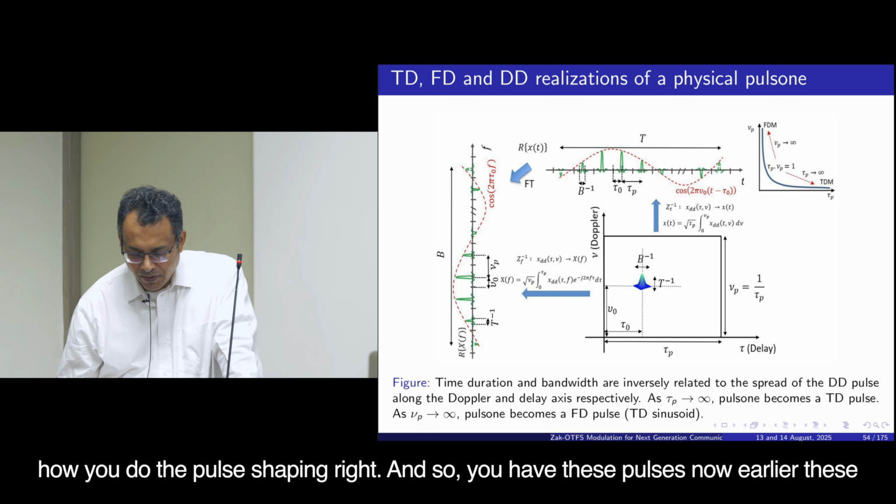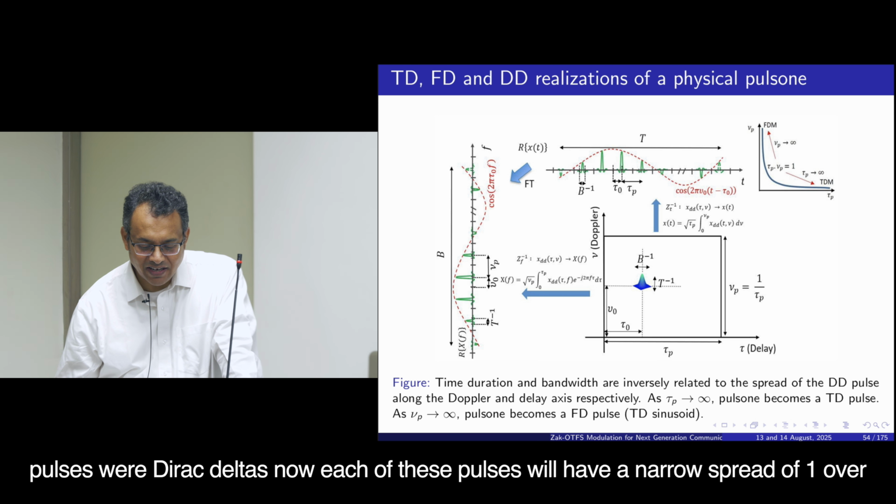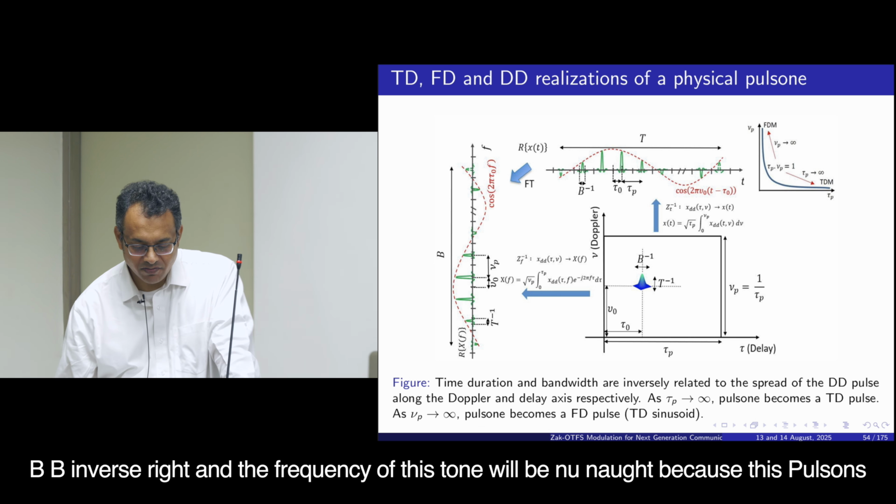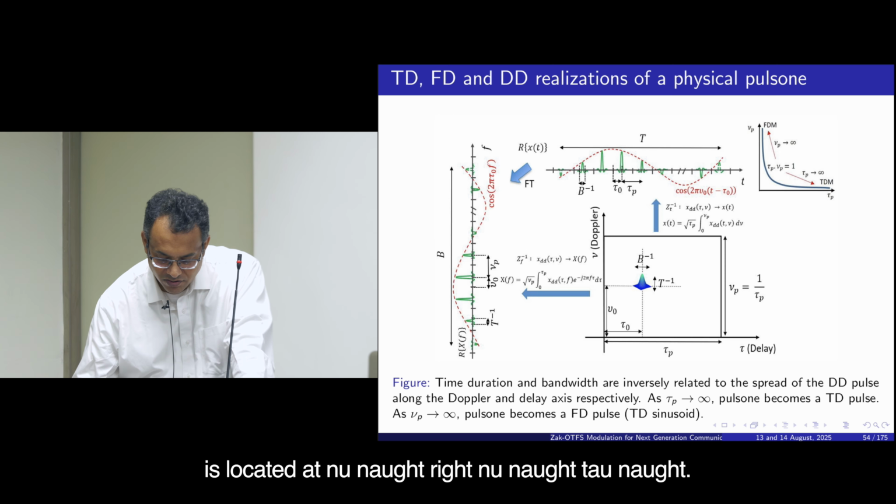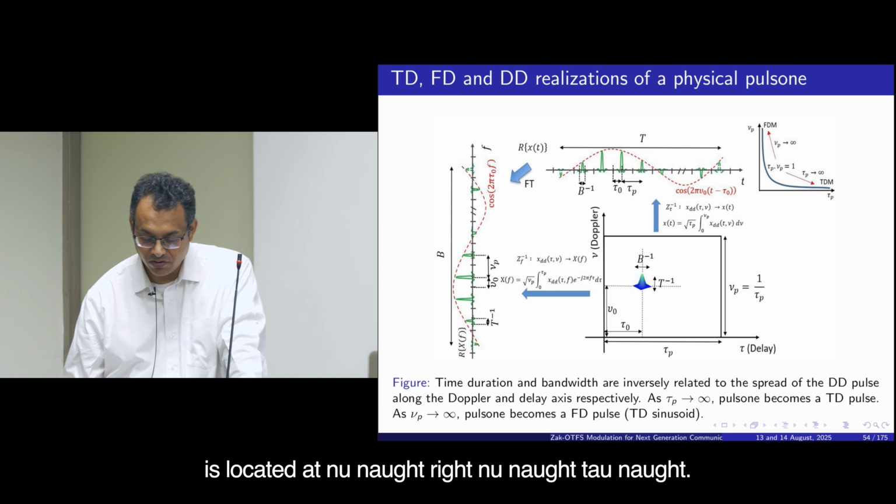And so you have these pulses now. Earlier these pulses were Dirac deltas. Now each of these pulses will have a narrow spread of 1 over B. And the frequency of this tone will be nu naught, because this pulse-on is located at nu naught, tau naught.